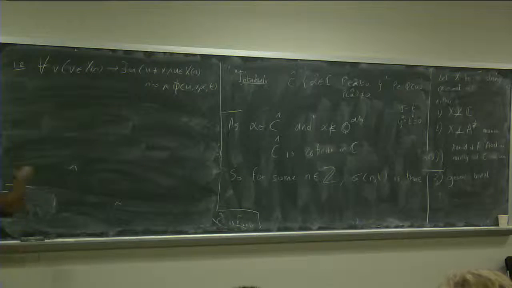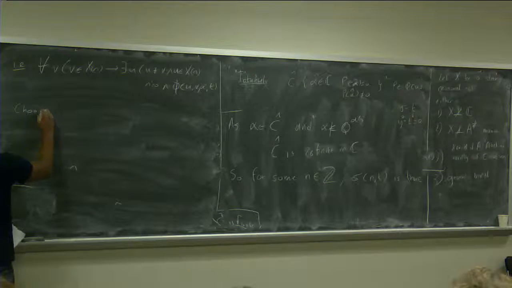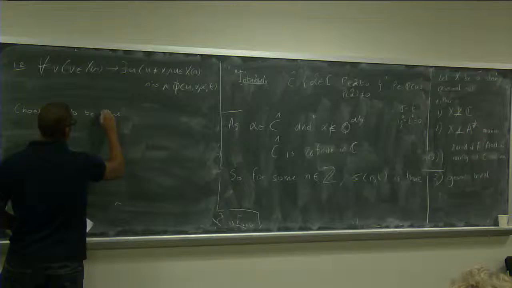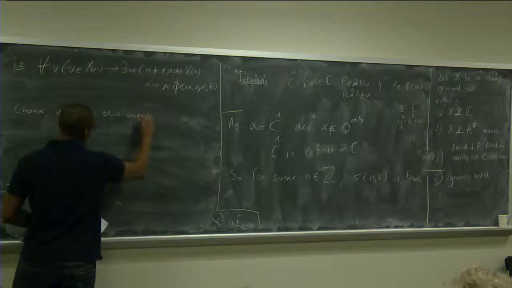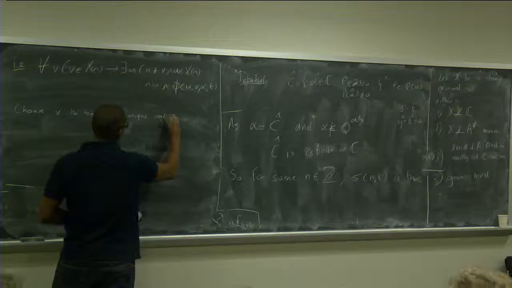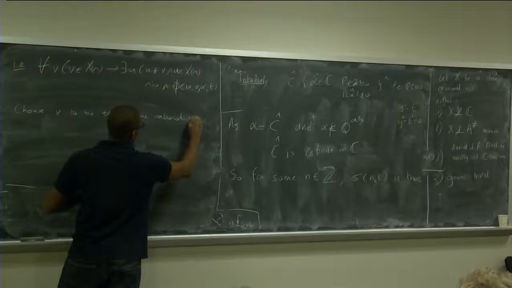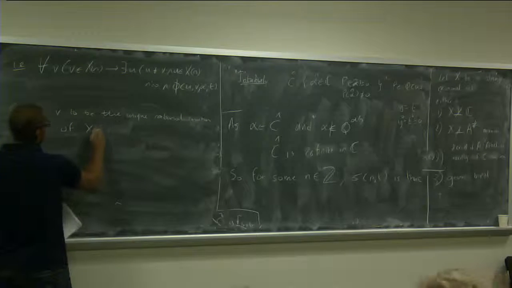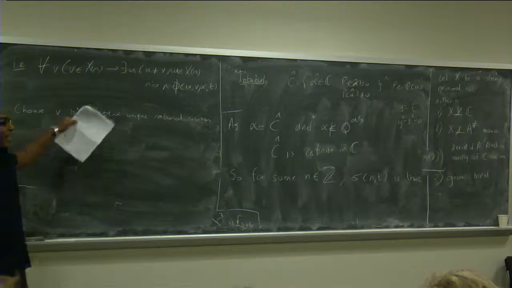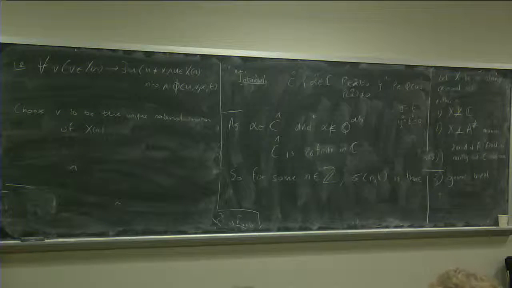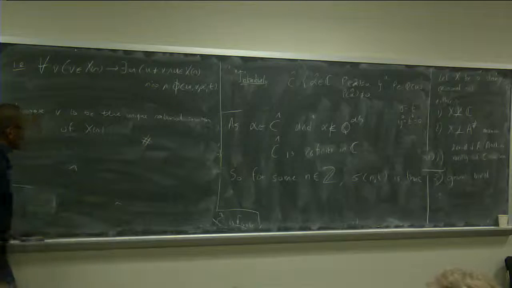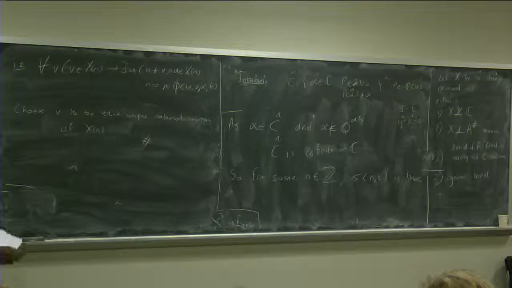But this violates the unique solution. Choose v to be the unique rational solution of xn. Then this is saying that you should find another algebraic solution of xn. You get a contradiction, because of uniqueness.